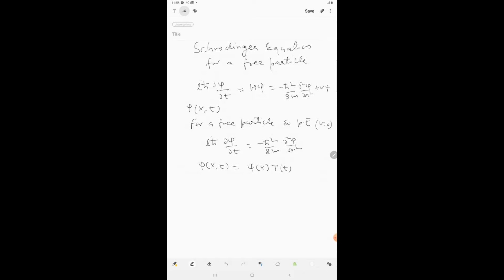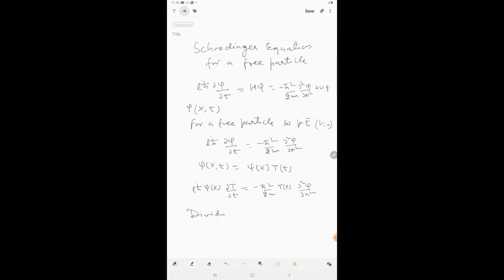Substituting this equation, we can get iħ ψ(x) dT by dt, and here ħ² by 2m, and here the time part comes out, and this became d²ψ by dx².